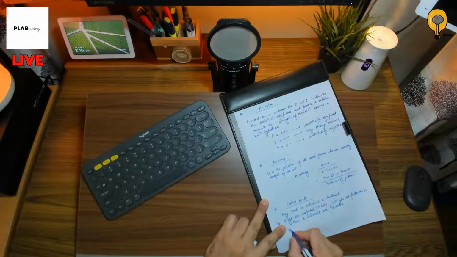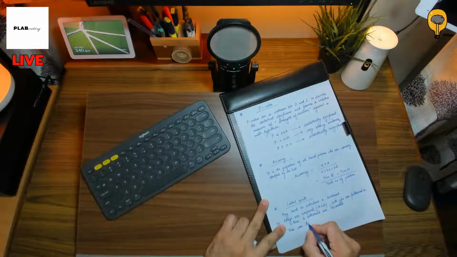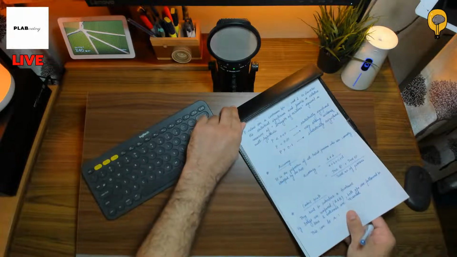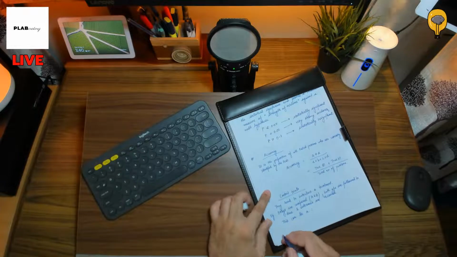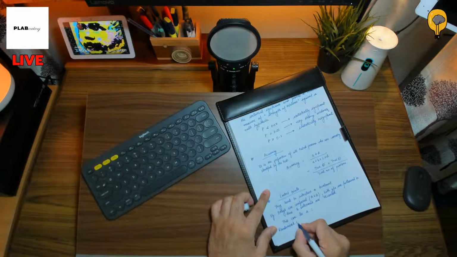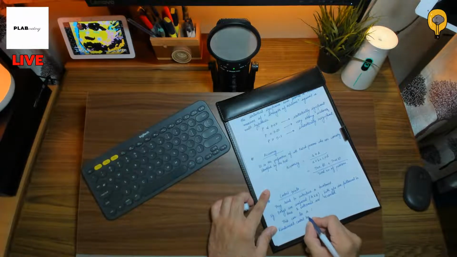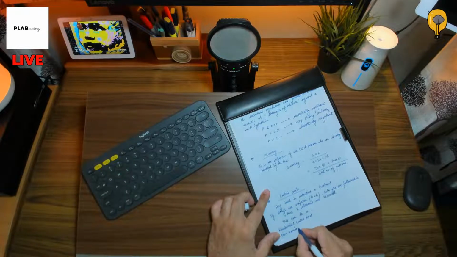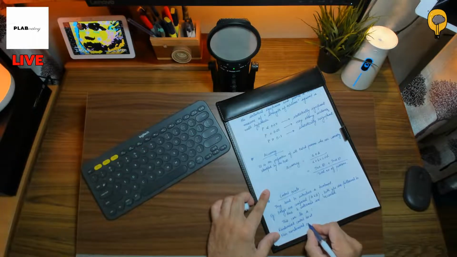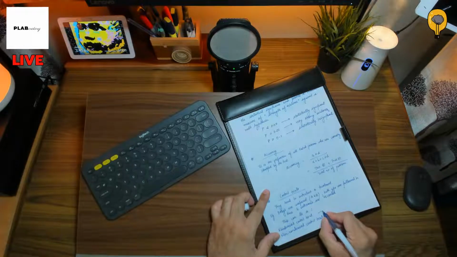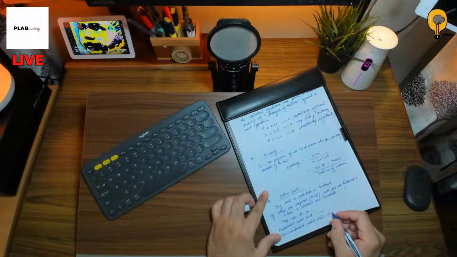Now, this can be a randomized control trial, or it can be a non-randomized control trial. So, what is the difference here? In a randomized control trial, people are allocated different interventions randomly.